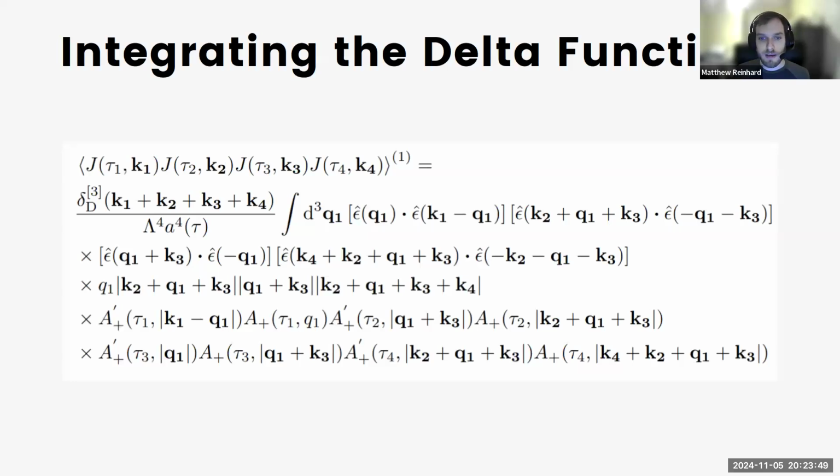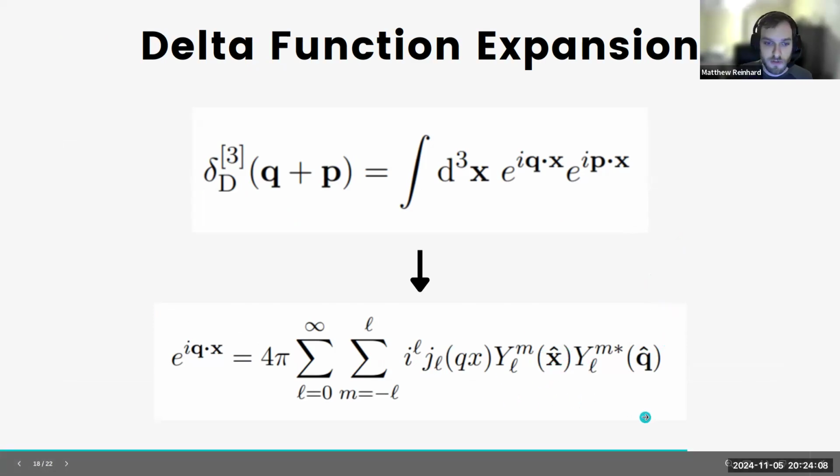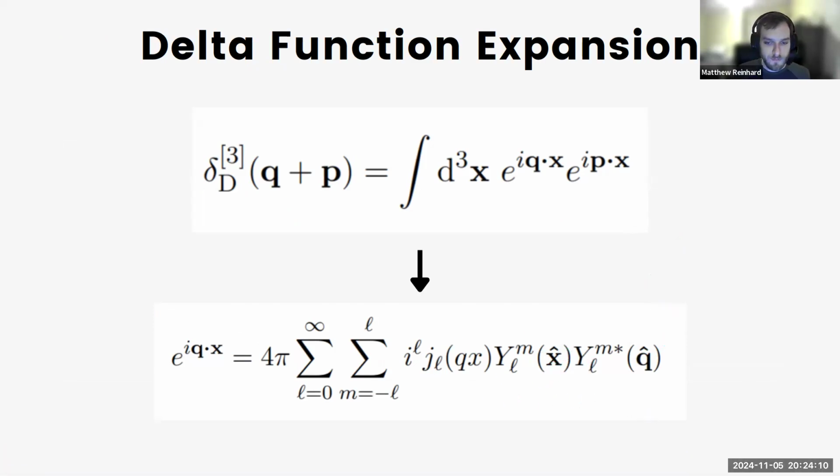So taking a step back, instead of integrating out the delta functions, what we instead do is we rewrite the delta functions as integrals over complex exponentials, and then we use the plane wave expansion to replace these complex exponentials in terms of these sums of spherical harmonic spherical Bessel functions.